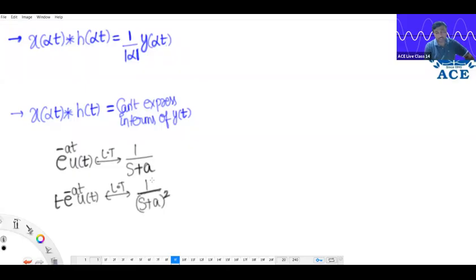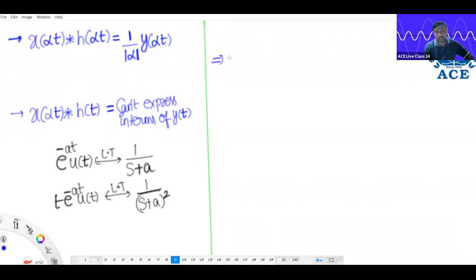For explaining these two properties, I am taking these signals as reference signals. e power minus a t ut has Laplace 1 by s plus a. T times e power minus a t ut means 1 by s plus a whole square.